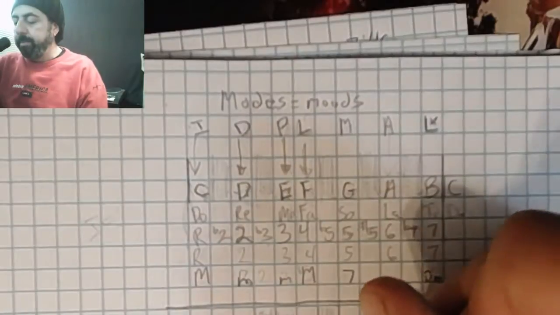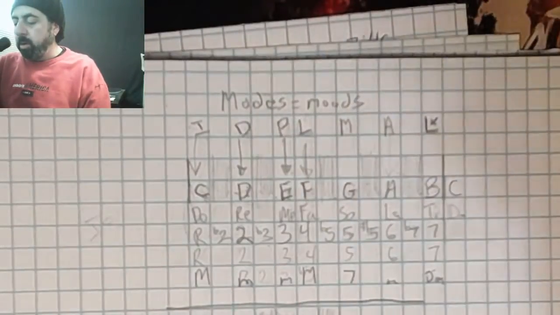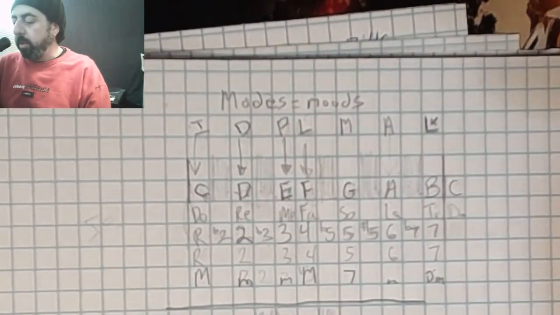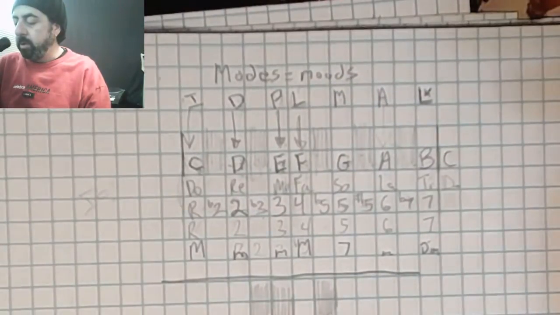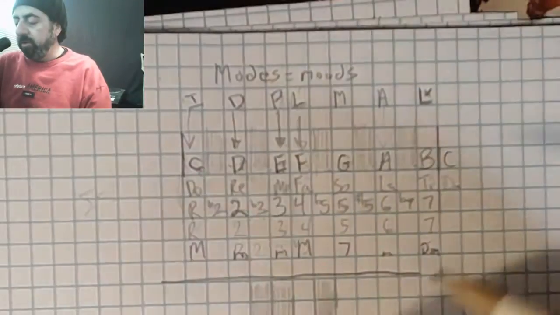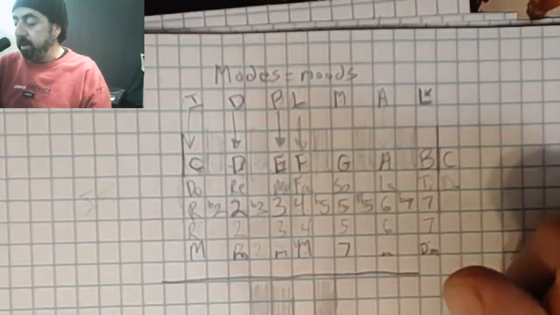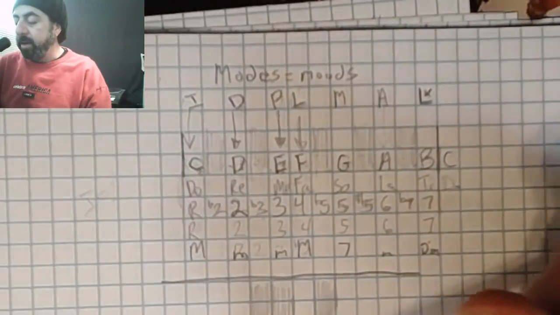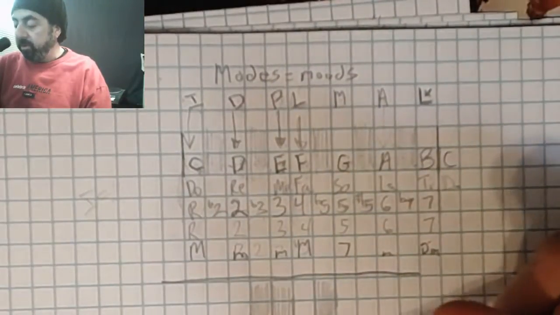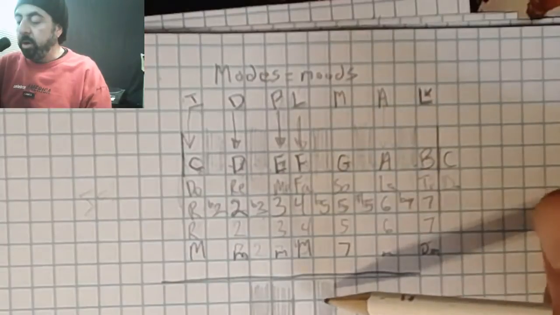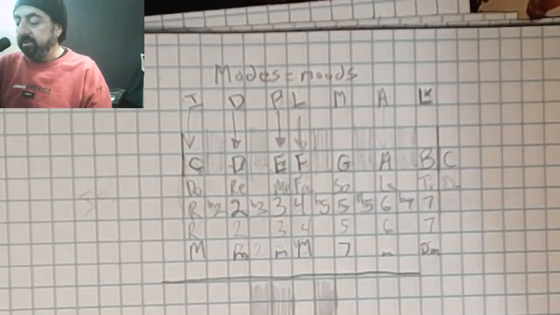And you might hear that called G Mixolydian. You could also just call this shape Mixolydian. And if you want to use every note on this page, you could theoretically call this an A, well, I'll tell you about that in a second.